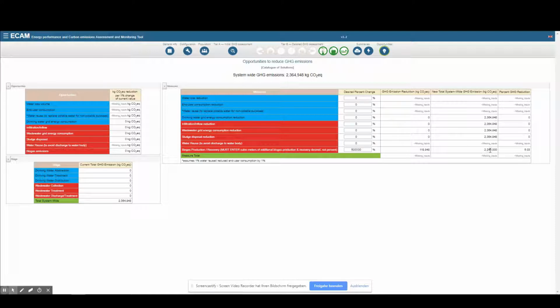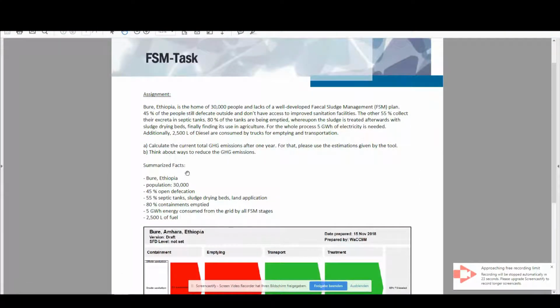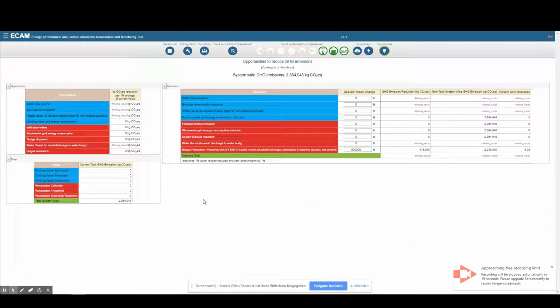So let's say we produce 500,000 cubic meters of biogas, and we can see there's a difference from about 2,300,000 kilograms CO2 equivalent. It is reduced to about 2,250,000 kilograms CO2 equivalents.